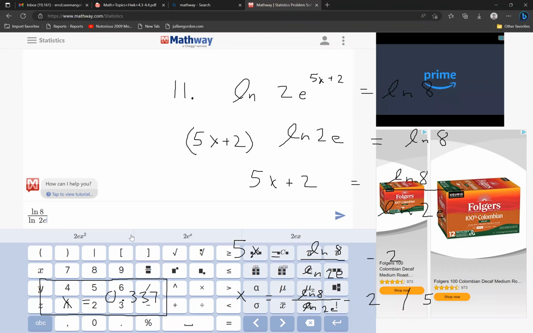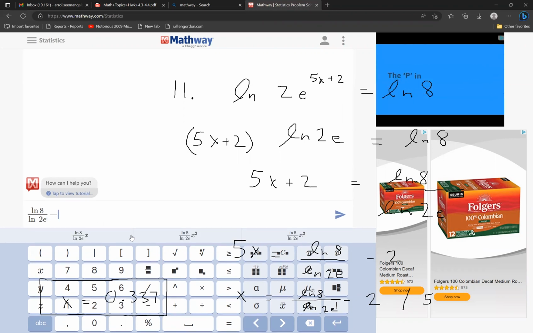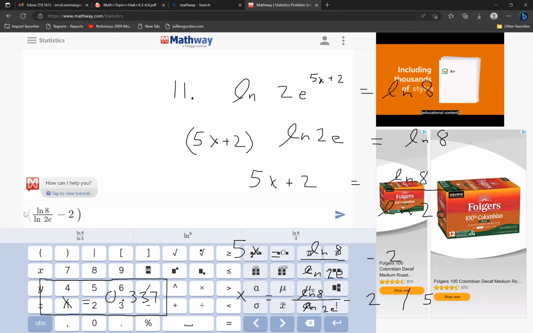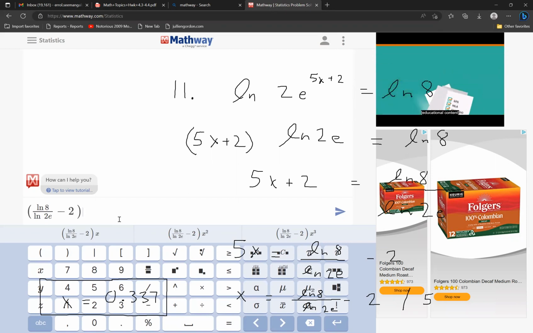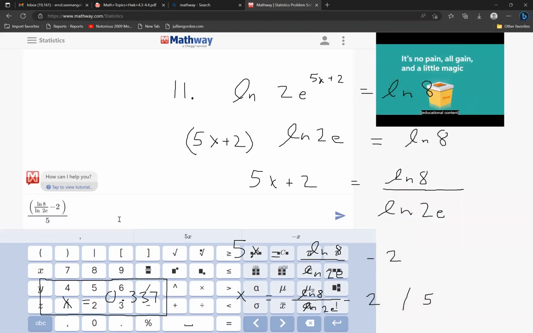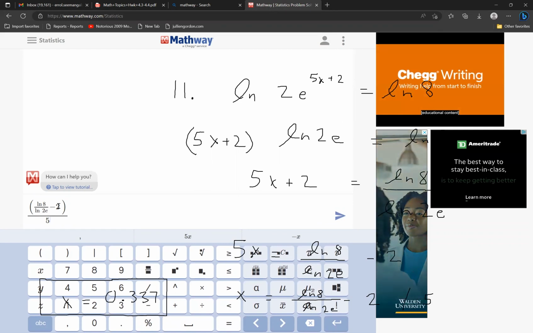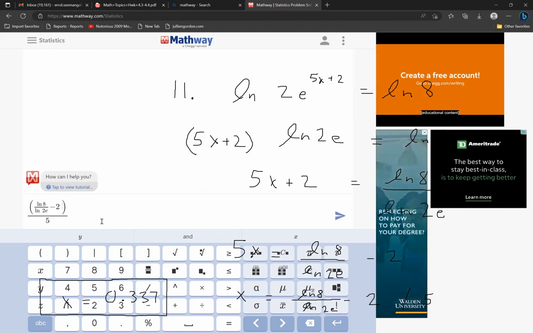And then you're subtracting 2 there, and then dividing everything by 5. If I put that whole thing in brackets, then I divide by 5. Like that, right? Ln 8 divided by ln 2e, yeah, that's right.